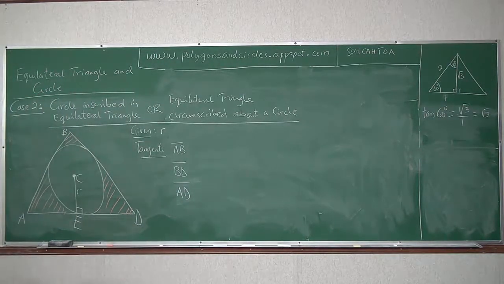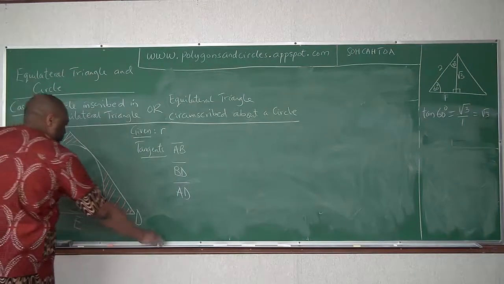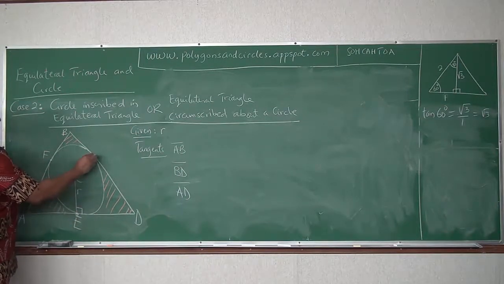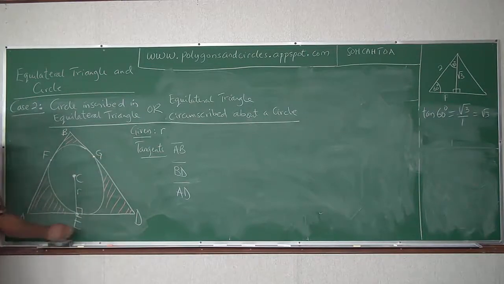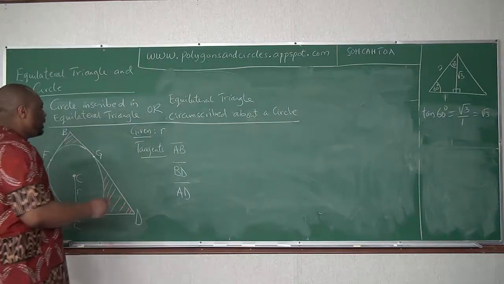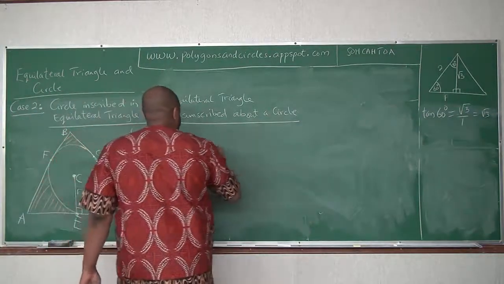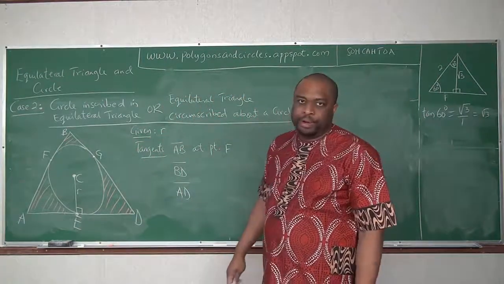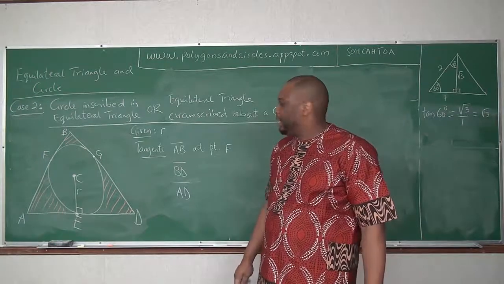Okay? And if you want, we can call this here A, B, C, D, E, F. We can call this F here. Okay? We can call this G. Okay. So line segment AB is tangent at point F. Point F is the point of tangency or the point of contact.